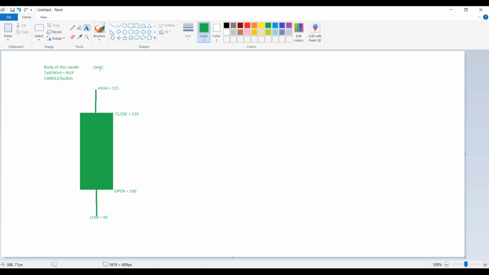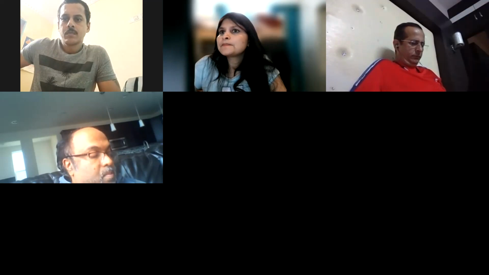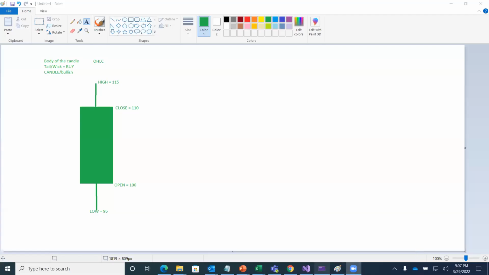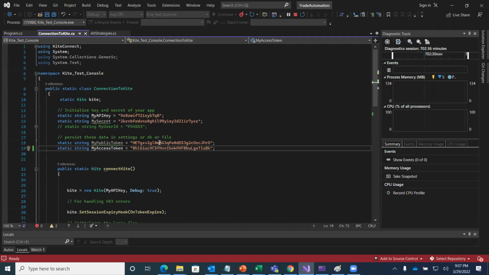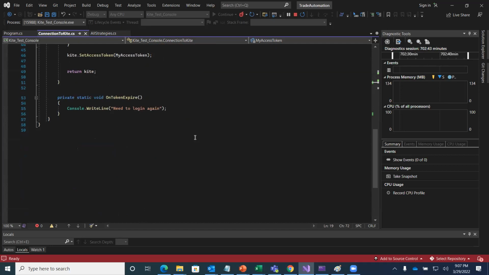Okay, so using this strategy, wait a second, since I just told you, let me show that to you. So this is what we have written. Zerodha is where we are connecting to, and we are automating this.